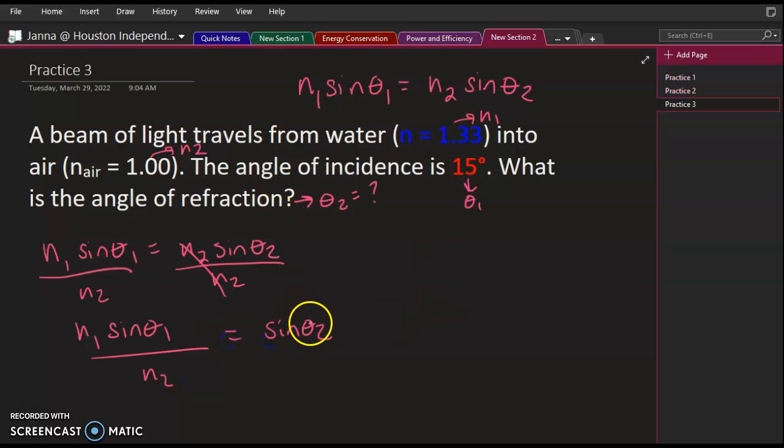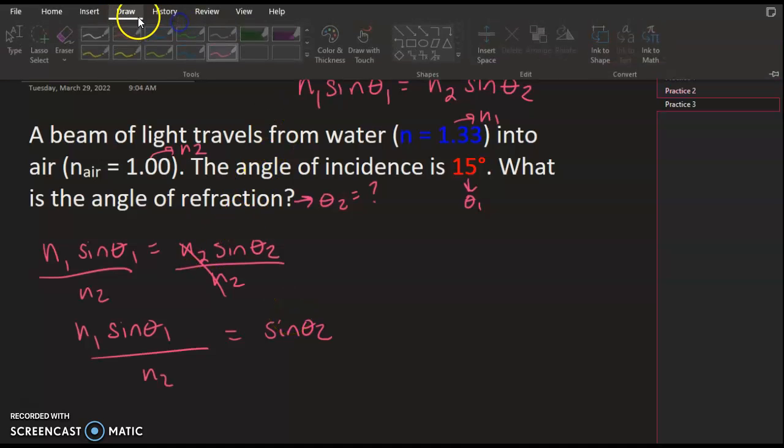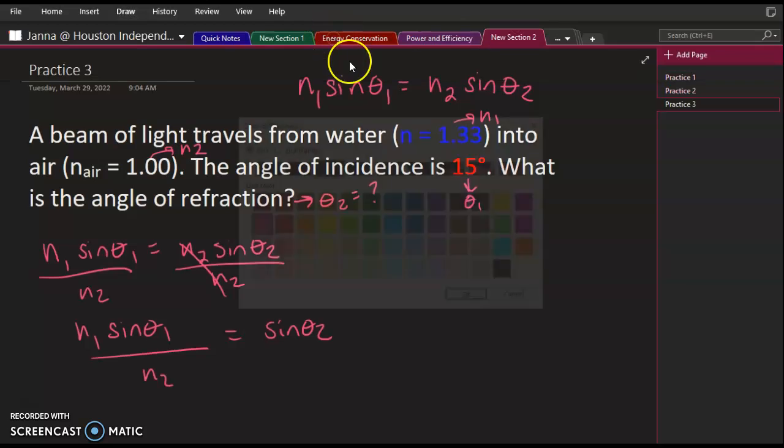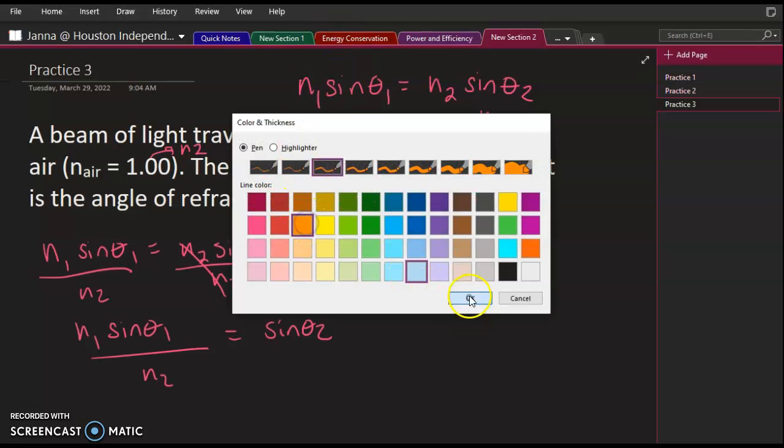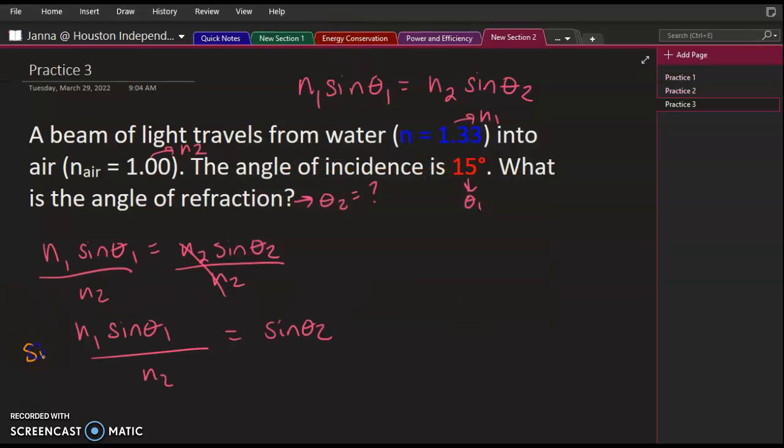To get the theta out from under the trig function, you have to do sine inverse on both sides. So we are going to take sine to the negative 1 on this side and sine to the negative 1 on this side. Taking sine inverse of sine just gives us theta 2.